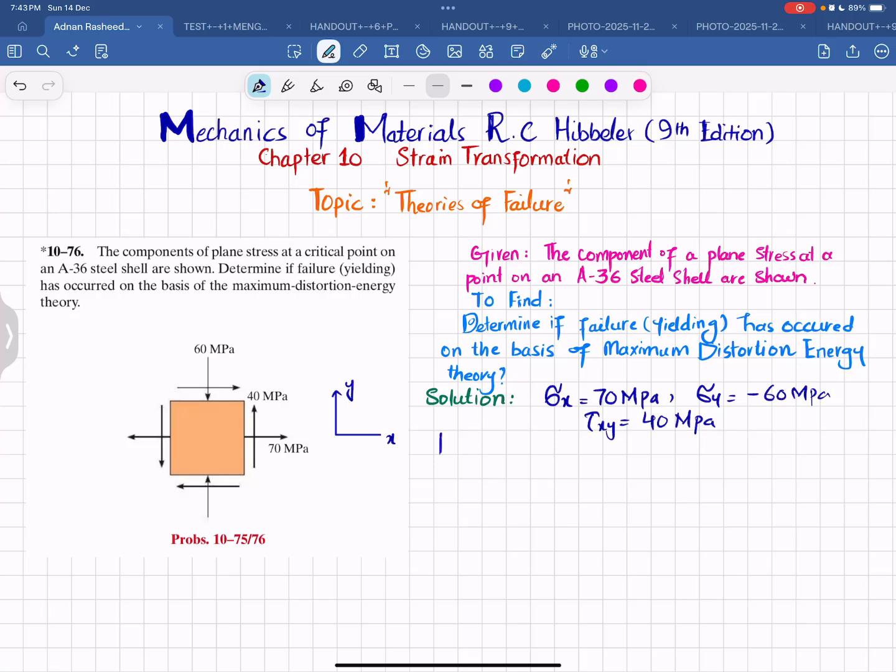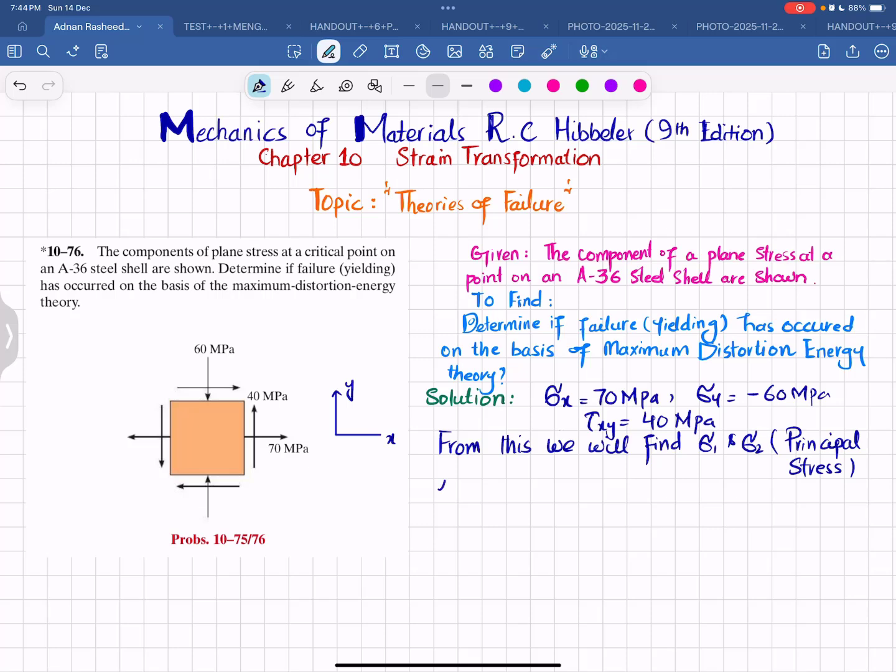So we have this state of stress. From this we will find sigma 1 and sigma 2. What are these? These are known as principal stresses, and principal stresses are the maximum stresses acting on the element.